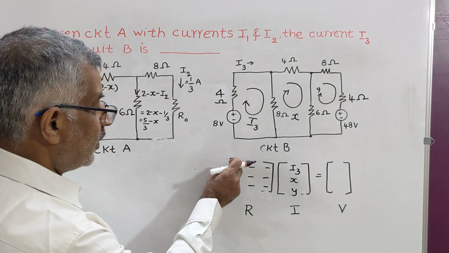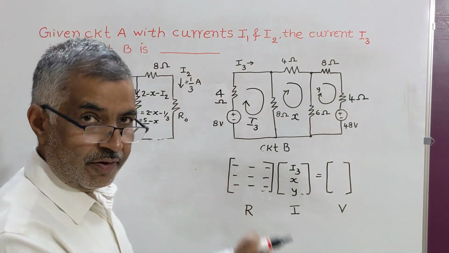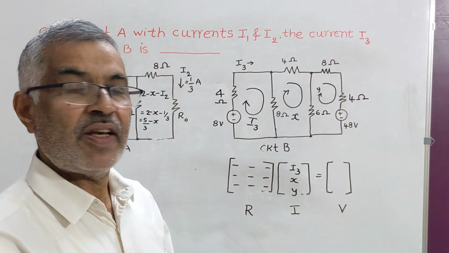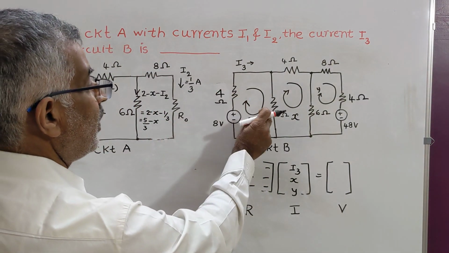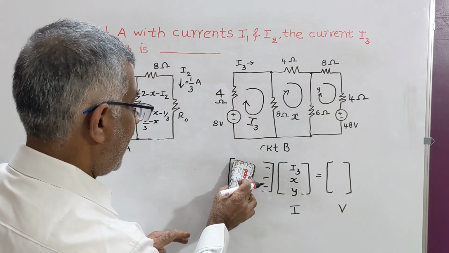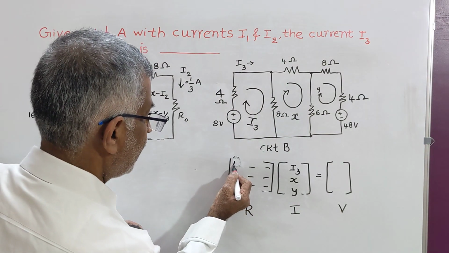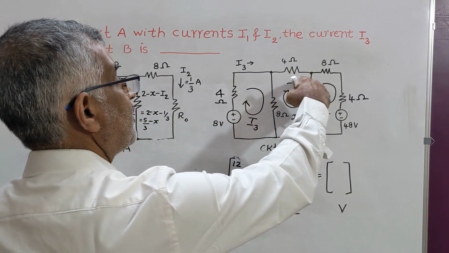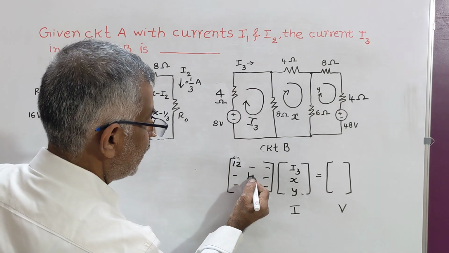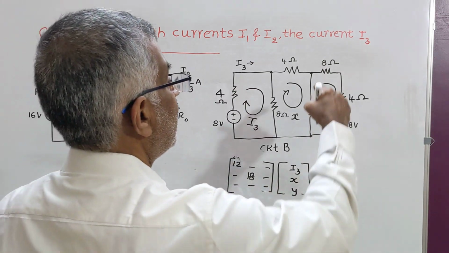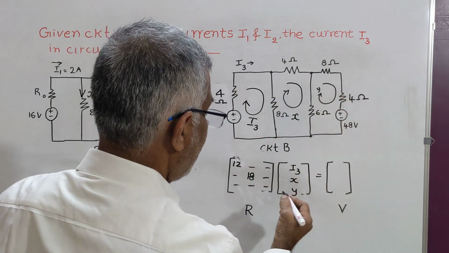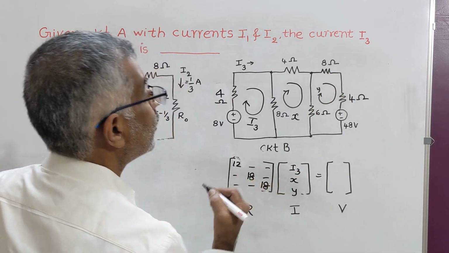First I will complete the matrix, then I will explain. 4 plus 8, 12. Next, second row, 4 plus 6 plus 8, 18. Then 8 plus 4 plus 6, 12 plus 6, 18.